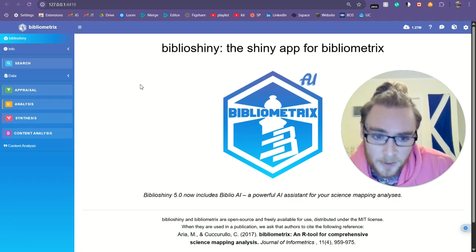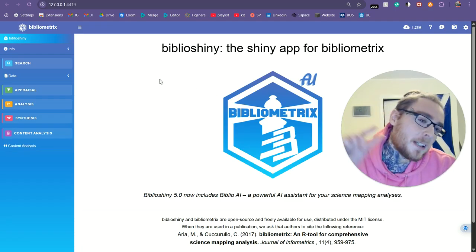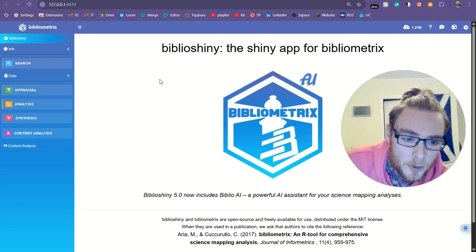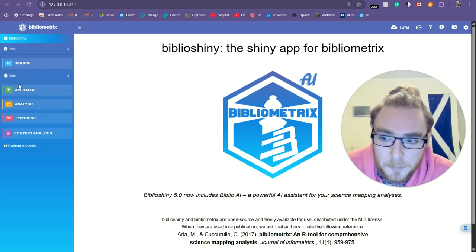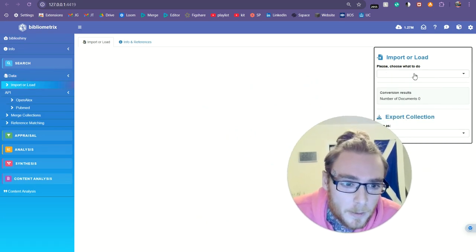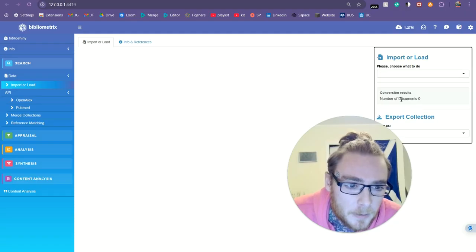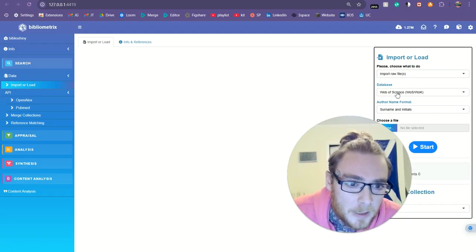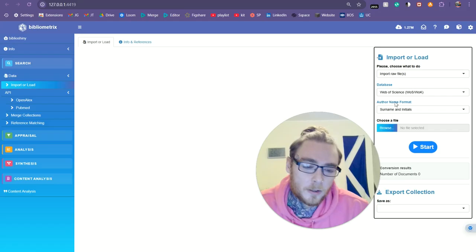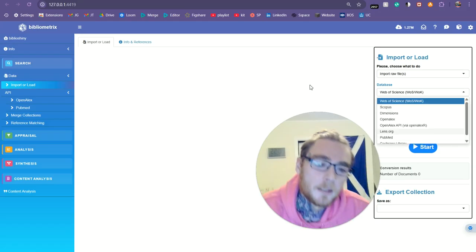So there's a few different things I do like about this nowadays. I wasn't sure about doing it though, because I would have to get the papers' citation text file from a repository, a database of papers, which, for example, would be Web of Science or Scopus or Science Direct, or PubMed.